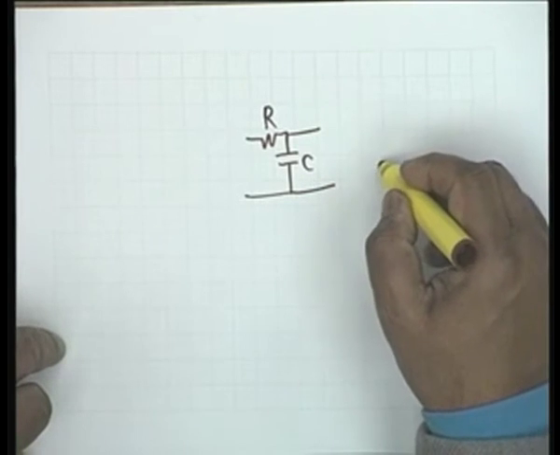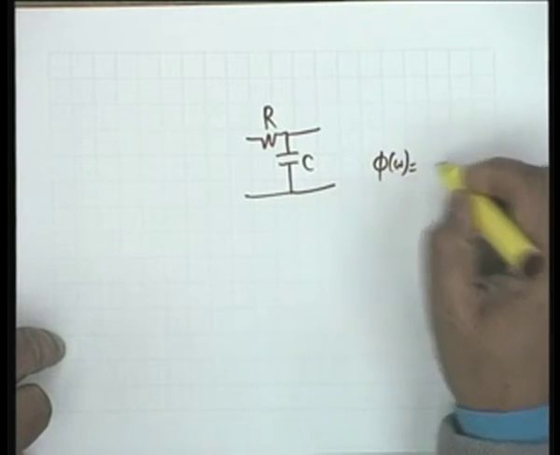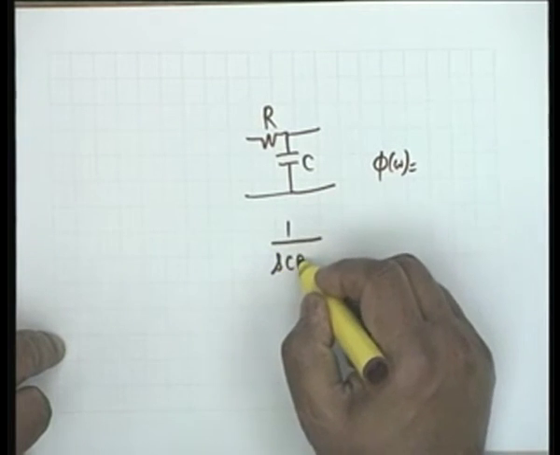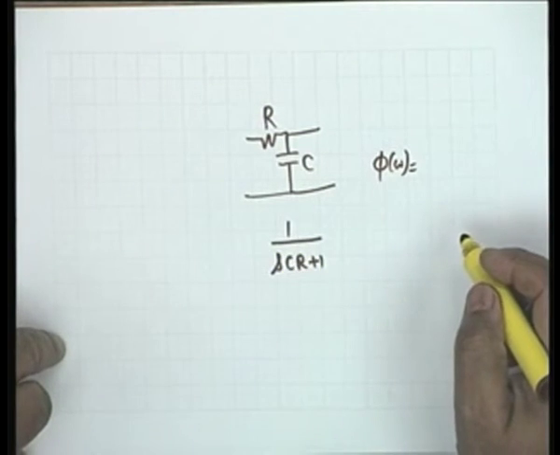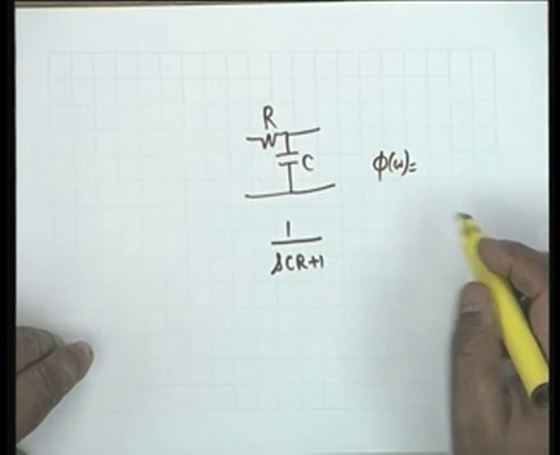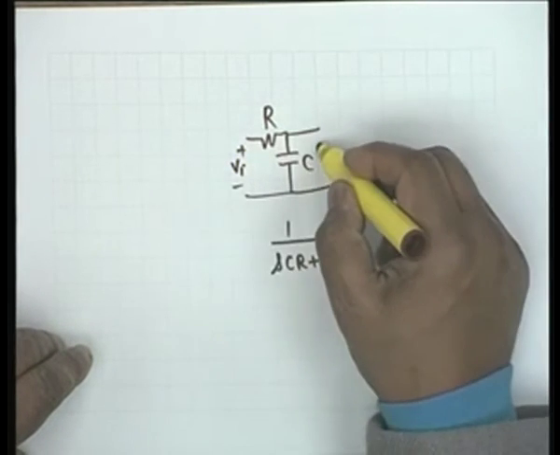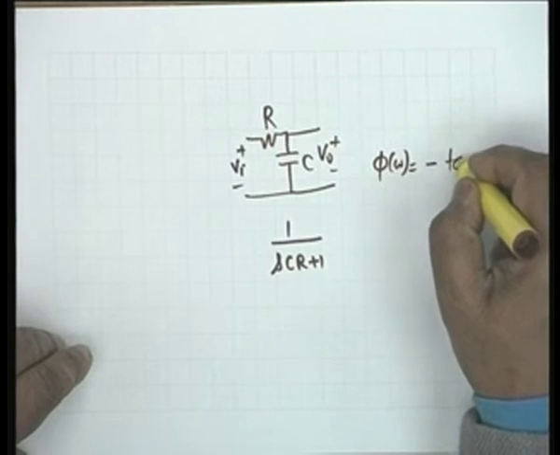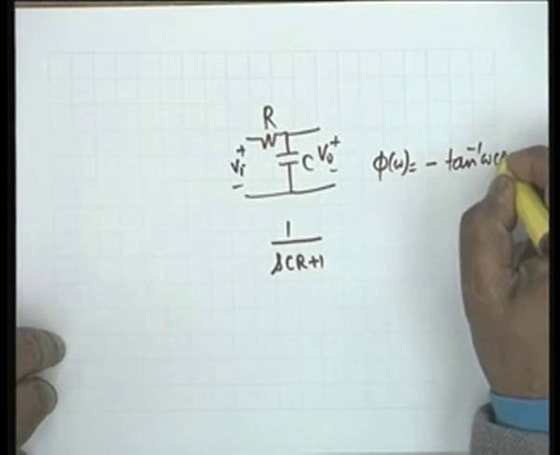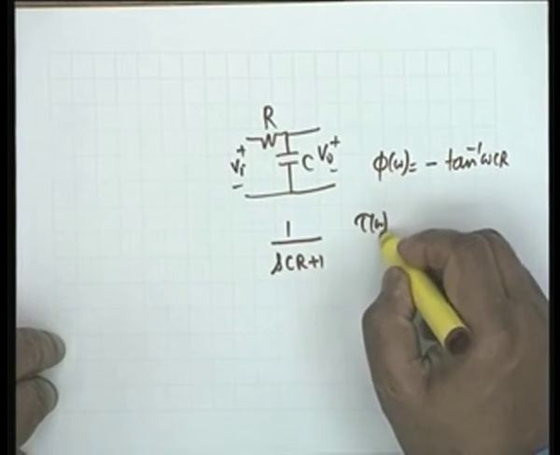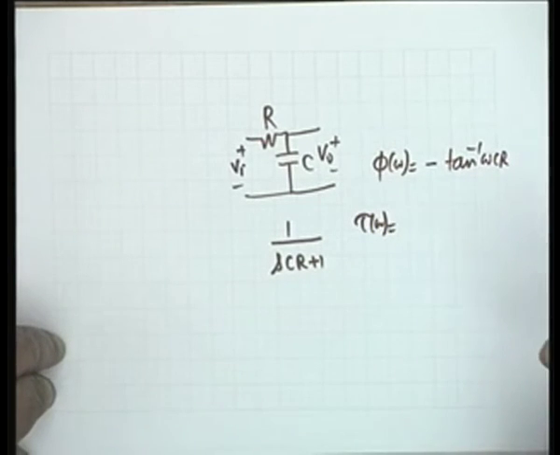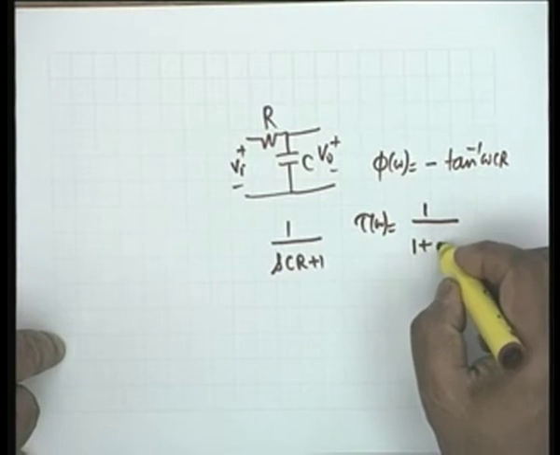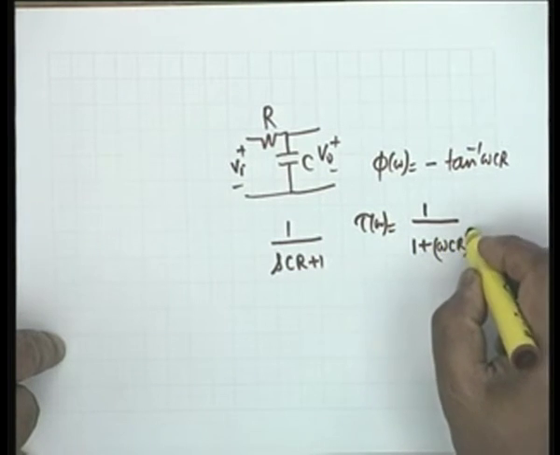What is the phase? Phi omega is equal to, well, what is the transfer function of this? 1 by SCR plus 1. So if you put S equal to j omega, this is the input and this is the output. So phi omega is minus tan inverse omega CR, and therefore tau omega, the negative gradient of the phase, would be CR by 1 plus omega CR whole squared.